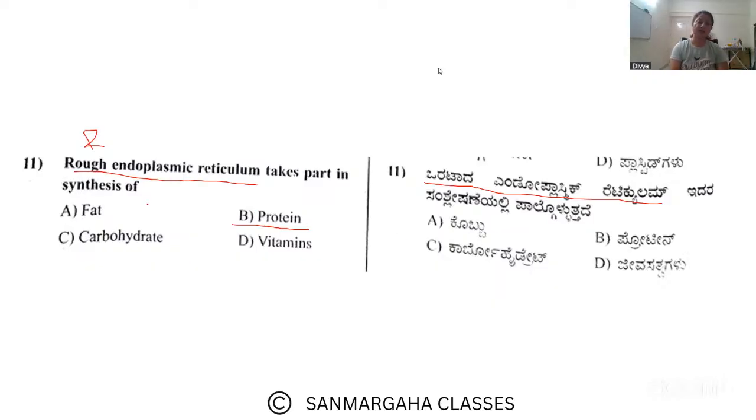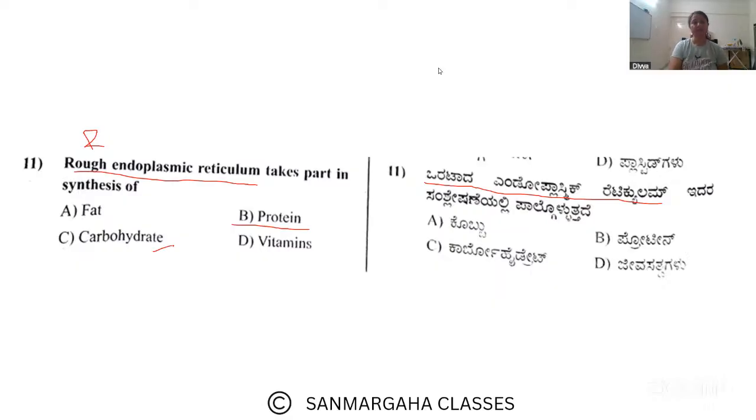And what about fat? It is the smooth endoplasmic reticulum. And carbohydrates and vitamins are prepared too. In plants, carbohydrates are made, food is made, and then it is oxidized to generate ATP, in the process of photosynthesis.